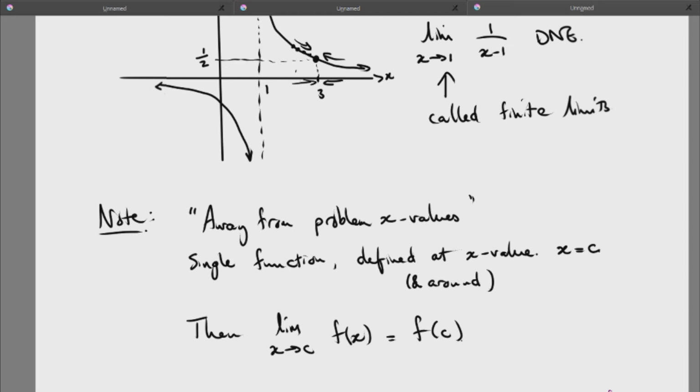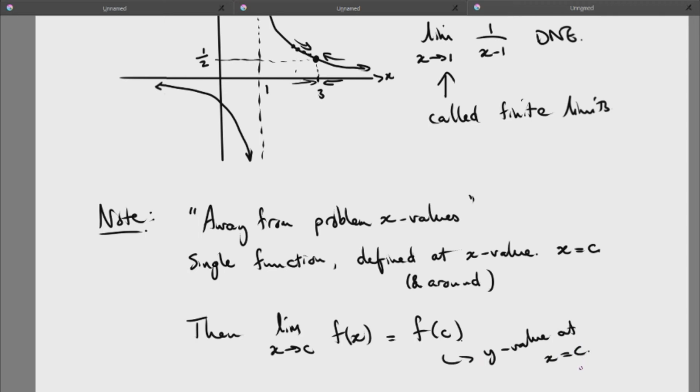So all this is really saying is, yes, I can ask about the behavior of the function at places where there are no issues, and then it just becomes the y value. I can still ask about behavior, it's just not necessary. And it's the same as just asking for the y value at x equal to c.